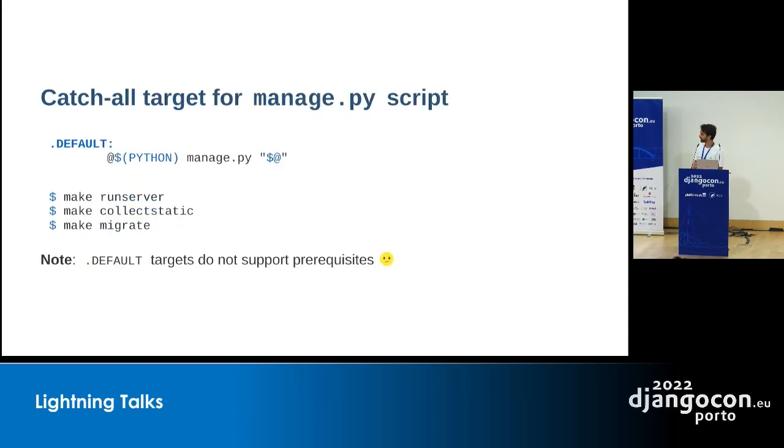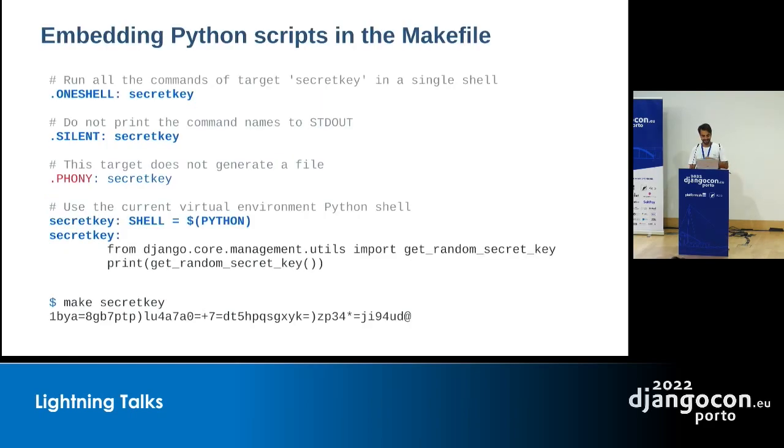Another cool thing, also a bit weird, that I discovered is that you can define default rules that make will try to match if it doesn't match any of the other rules. So for example, with this example that I'm showing here, I'm aliasing all of the Django manage.py commands directly to make, so it's one less word for me to type when I'm working in the terminal.